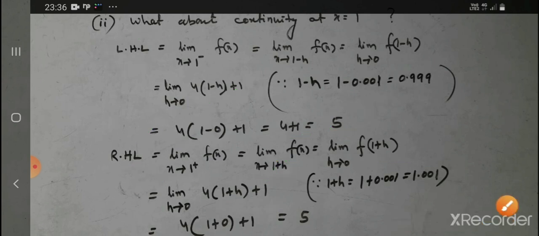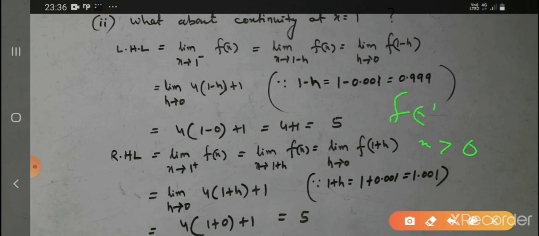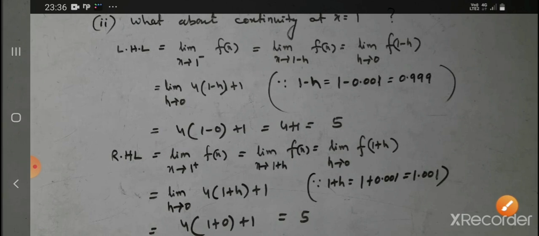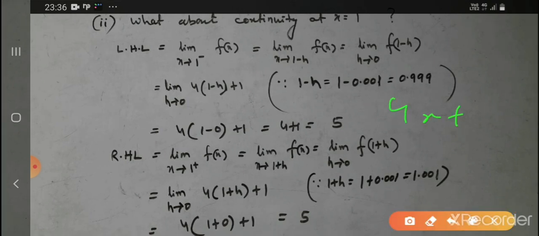Then you substitute the value of f of 1 plus h. Again f of 1 plus h comes under x greater than 0. In that case, the function f of x is given as 4x plus 1. So limit h tends to 0, 4 into 1 plus h plus 1.